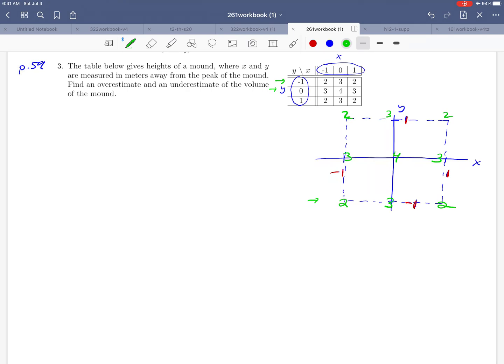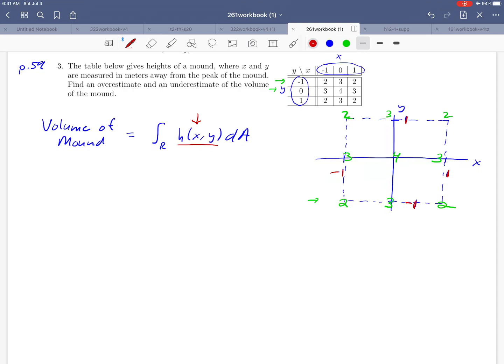How do we estimate the volume of this mound? I claim that we can do that by calculating an integral. Let's convince ourselves of that by looking at units. What are heights being measured in?